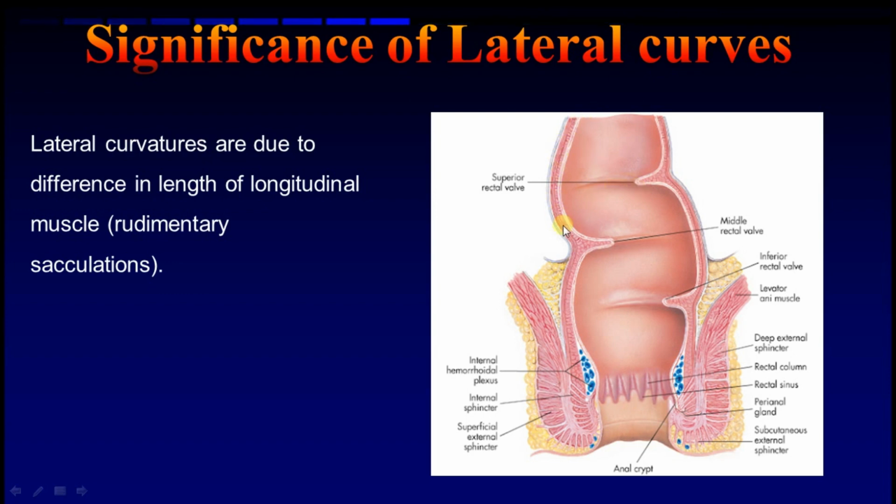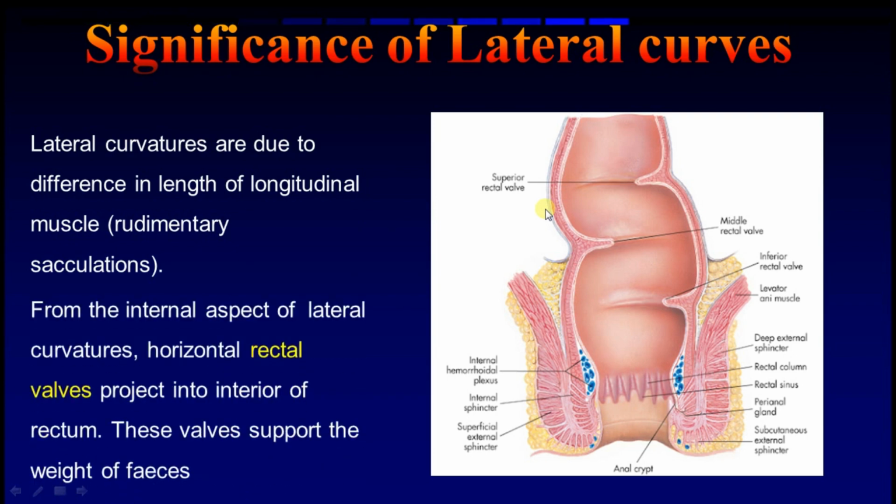These curvatures represent the primitive or rudimentary circulations, which is the cardinal feature of the rest of the large intestine. The folds of mucous membrane from the hollow of these curvatures are called Houston valves or rectal valves. They are horizontal in direction and semilunar in shape.